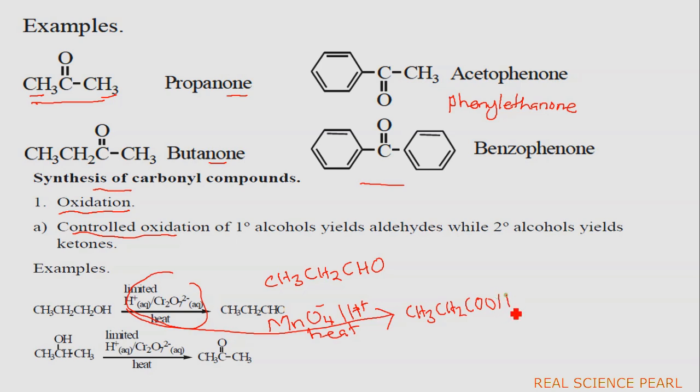So to obtain an aldehyde, I strictly use a mild oxidizing agent, acidified potassium dichromate. Then to obtain a ketone, I should use a secondary alcohol and oxidize it. Now here, even if I use dichromate or permanganate, all of them will work, and I'll be able to obtain a ketone.